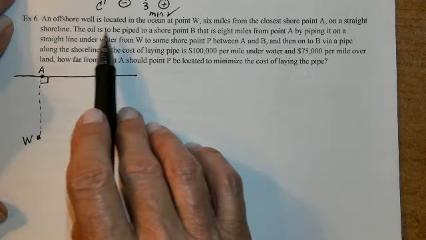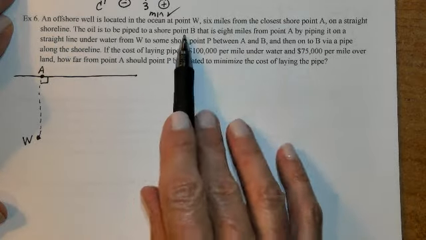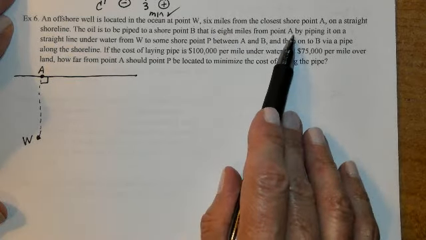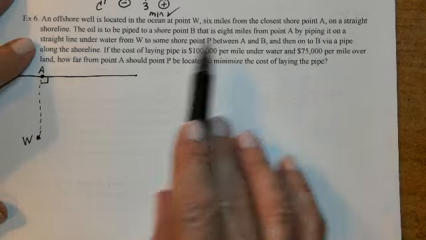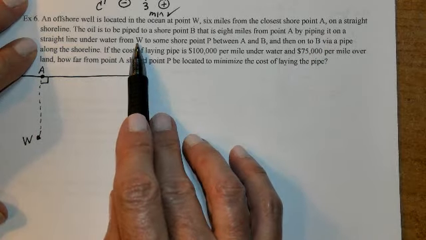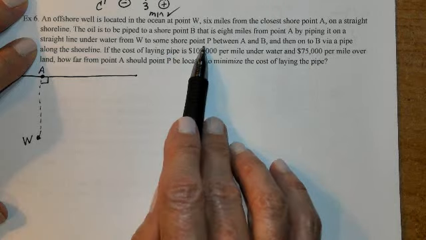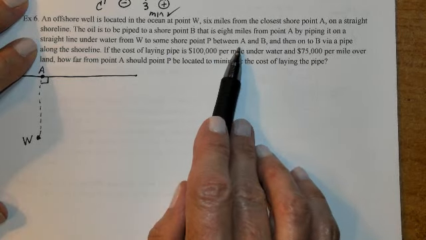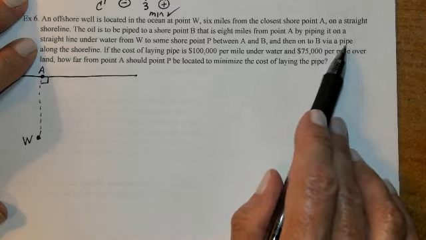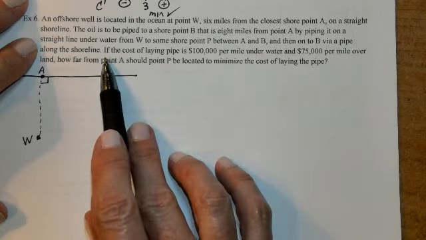All right, the oil is to be piped to a shore point B, that is 8 miles from shore point A, by piping it on a straight line underwater from W to some shore point P between A and B. Then on to B via a pipe along the shoreline.